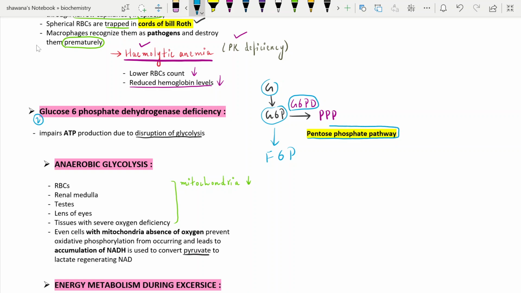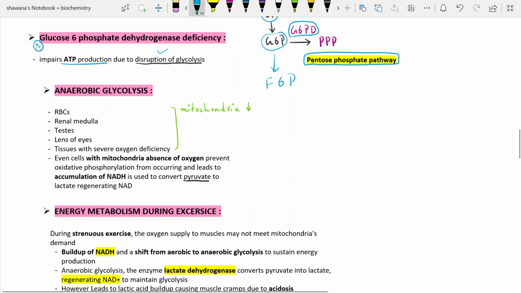This pathway we'll discuss in another lecture, but just remember that glucose 6-phosphate dehydrogenase diverts glucose 6-phosphate towards the pentose phosphate pathway. And when this enzyme is deficient, it will impair ATP production due to disruption of glycolysis. Okay, the glycolysis is not going on and ATP production would be less.